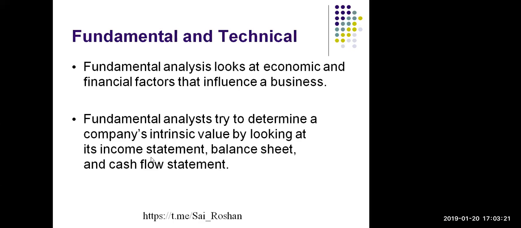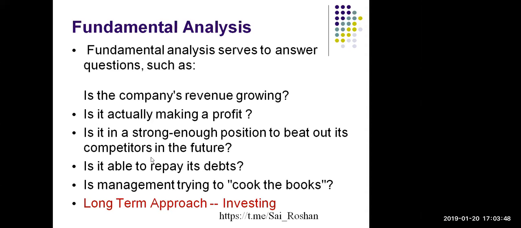It looks at the economic and financial factors that could influence a business. And basically, what fundamental analysts do is they try to look at the company's value by looking at its income statement, balance sheet, the results, its performance, its cash flow statement, and all of that. So all of these add on to what is called its fundamental value, and they usually invest based on this. So this comes under fundamental analysis.